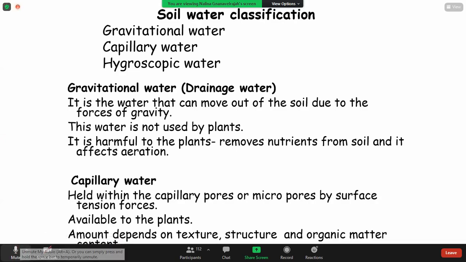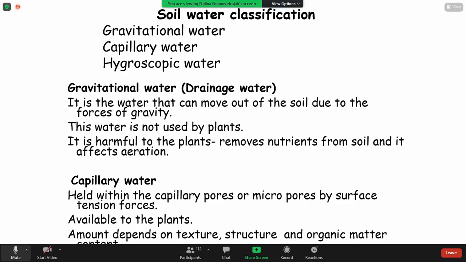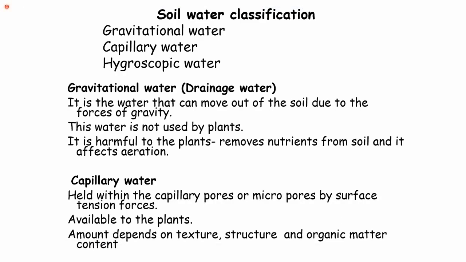Or, when you add organic matter to the soil, it will improve the soil structure formation. Because of that, there will be more micropores created, and that will improve the capillary water.